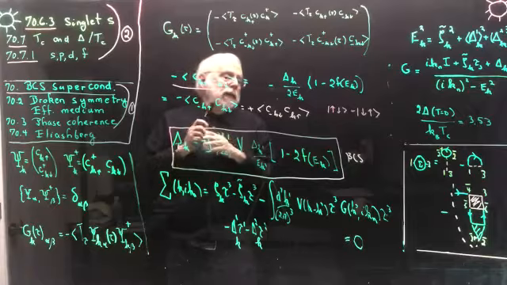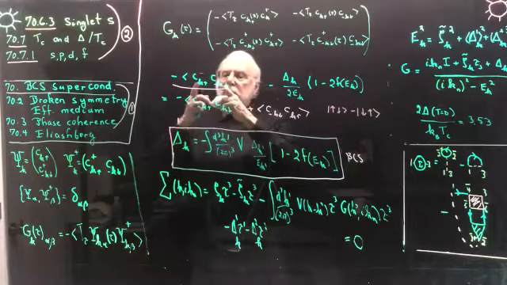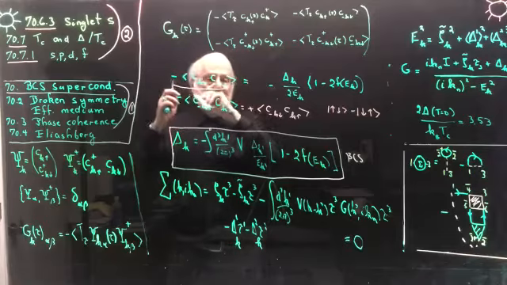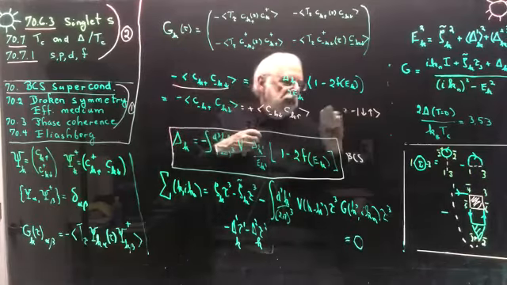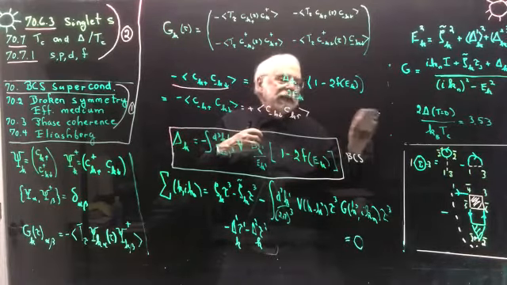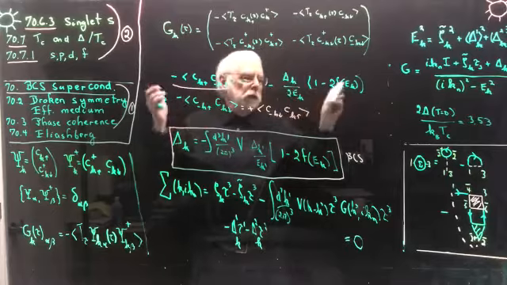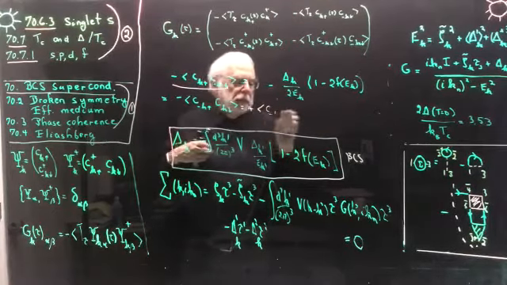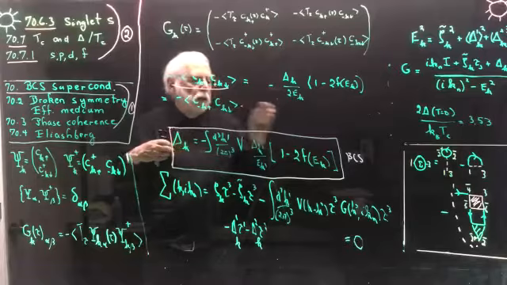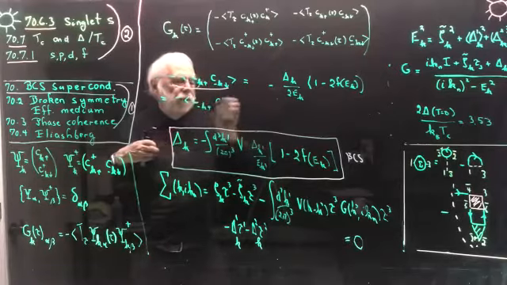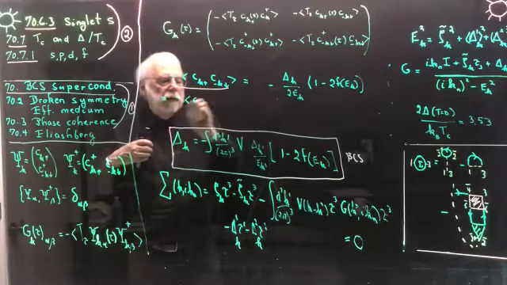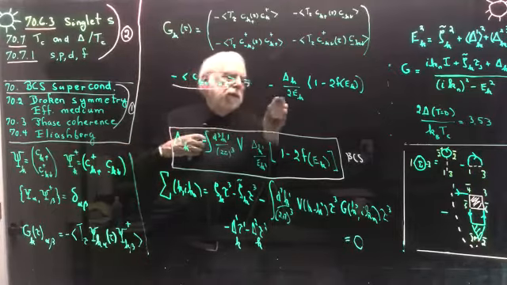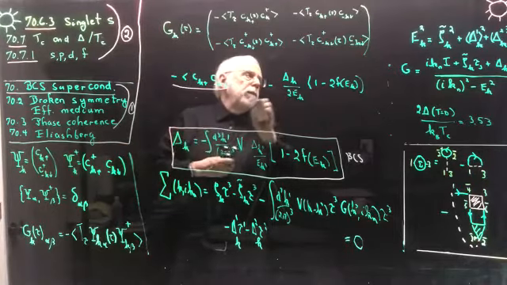Okay, perhaps the last comment is that now I can take a Fourier transform and go back to real space, right? And if I do that, you see that there will be an extent in real space. So there's a size to that pair, and that's called the coherence length. The size of a Cooper pair will just be related to delta.